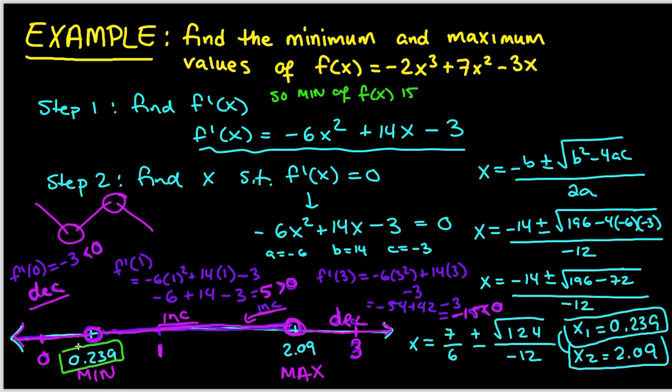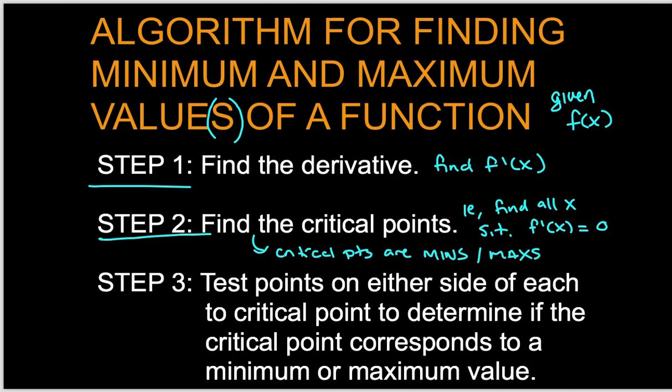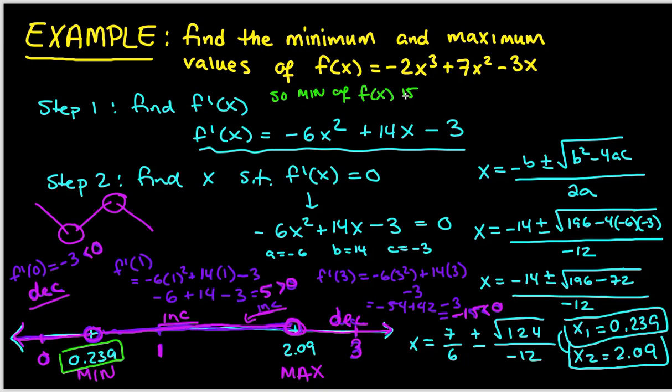So our final step, and I really should add this to our algorithm, step 4, find values of f at the critical points. All we do is plug in 0.239 for x, and whatever we get as the output, that's the minimum.